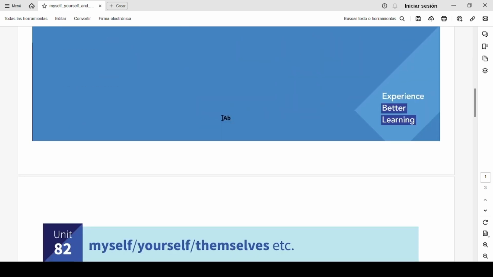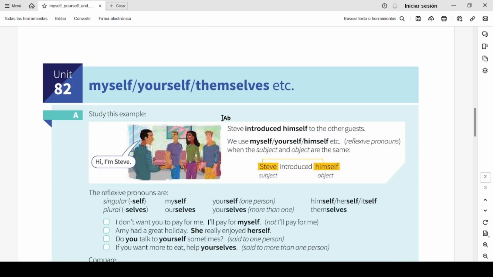So let's start. The unit we're going to cover today is reflexive pronouns like myself, yourselves, themselves, and other kinds of selves.